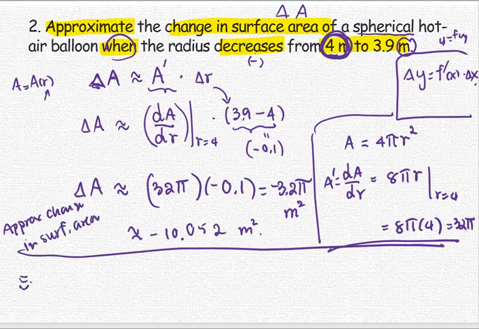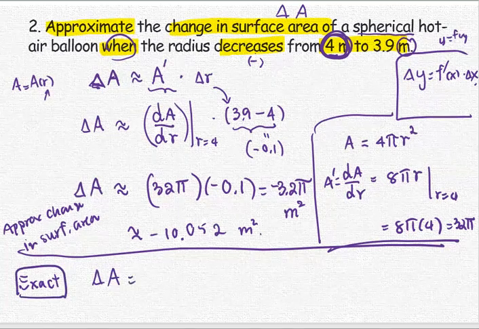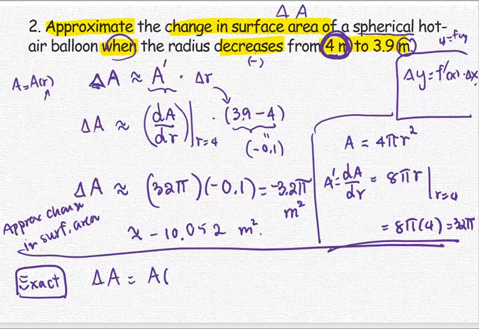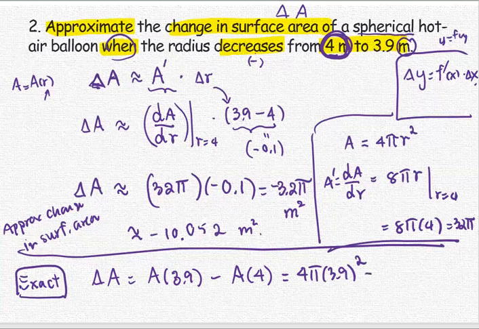Now we can check with the exact change. The exact delta A would be the area at the last value of r, which is 3.9, minus the area at the reference point, 4. So A at 3.9 is 4 times pi times 3.9 squared, minus 4 times pi times 4 squared.